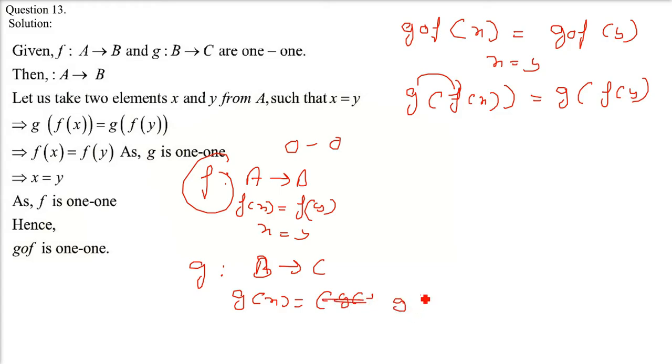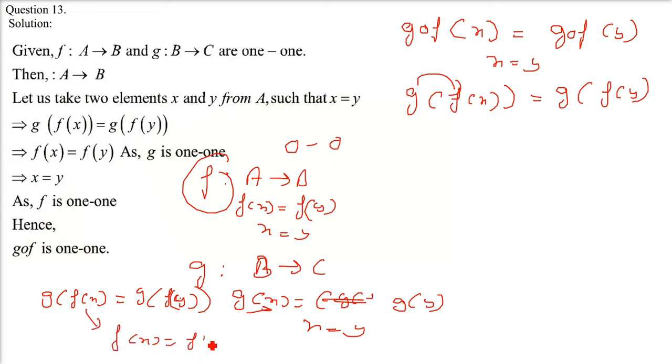So in place of x inside g, if I put f(x), because we are dealing with g∘f(x). g∘f(x) is g of f(x), g of f(y). So g of something with g of something, that is f(x), f(y). g of f(x) and g of f(y) gives f(x) equal f(y), because g(x) equal g(y) is x equals y.